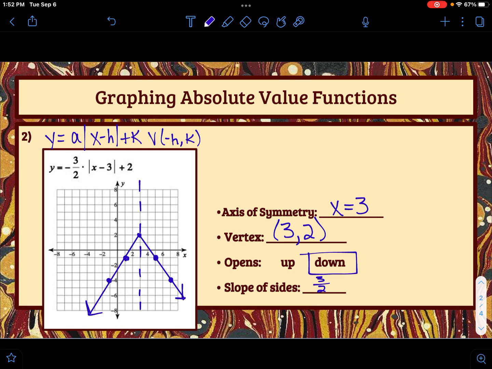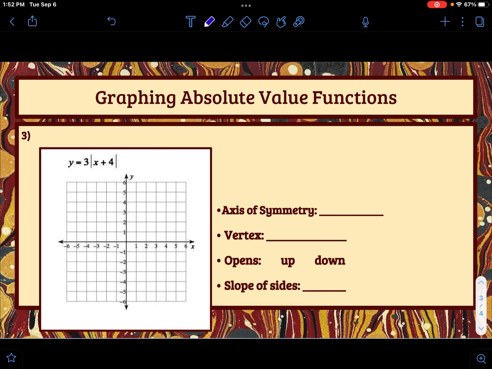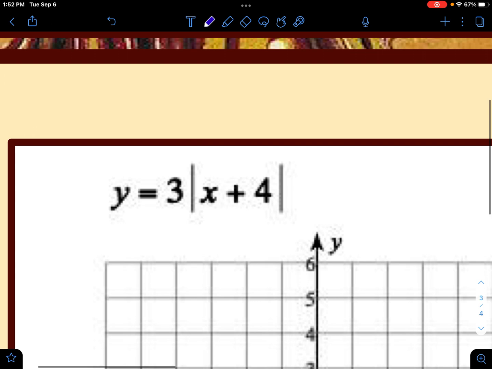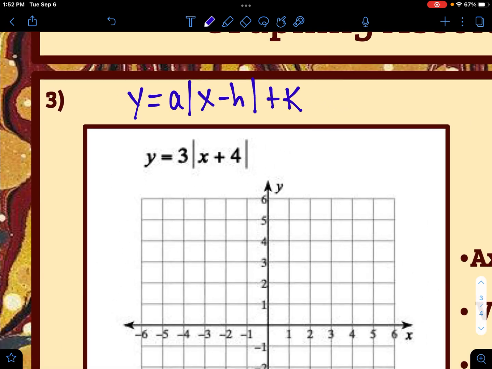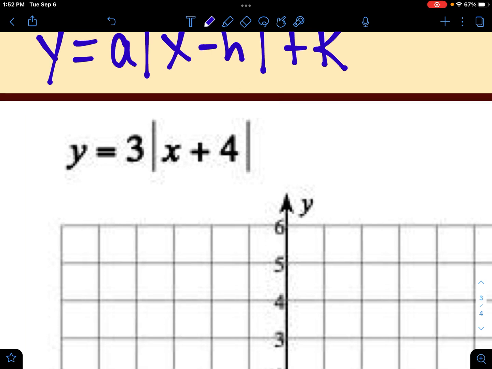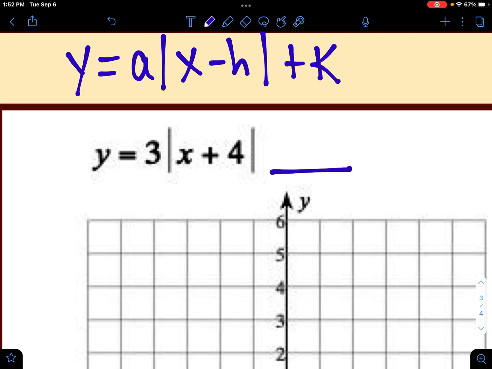Okay, we have one more example. I'm going to put my algebraic form up here. I'm confused here. There's no k. So when we're adding, and there's a number there, but we don't write it, that's going to be 0.